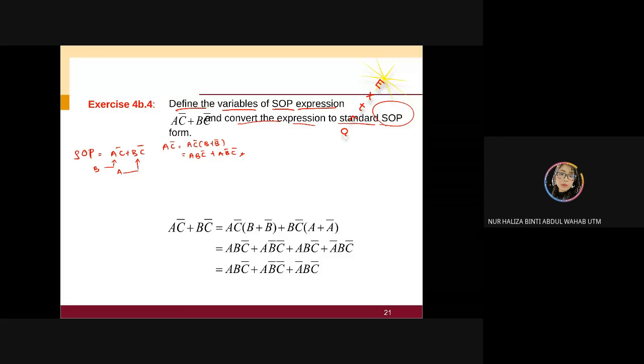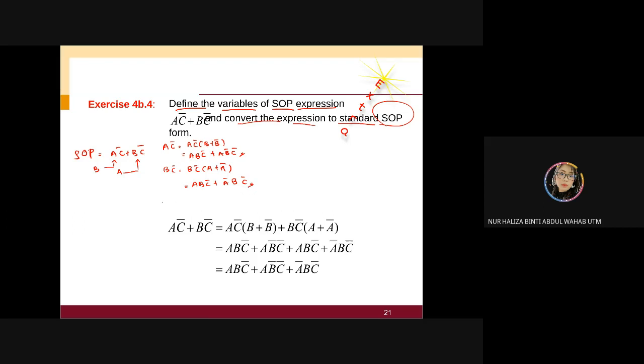Finish one. Here I'm missing 1, which is A. BC bar equal to BC bar multiply with A plus A bar. I will get ABC bar plus A bar BC bar. So this is my answer.